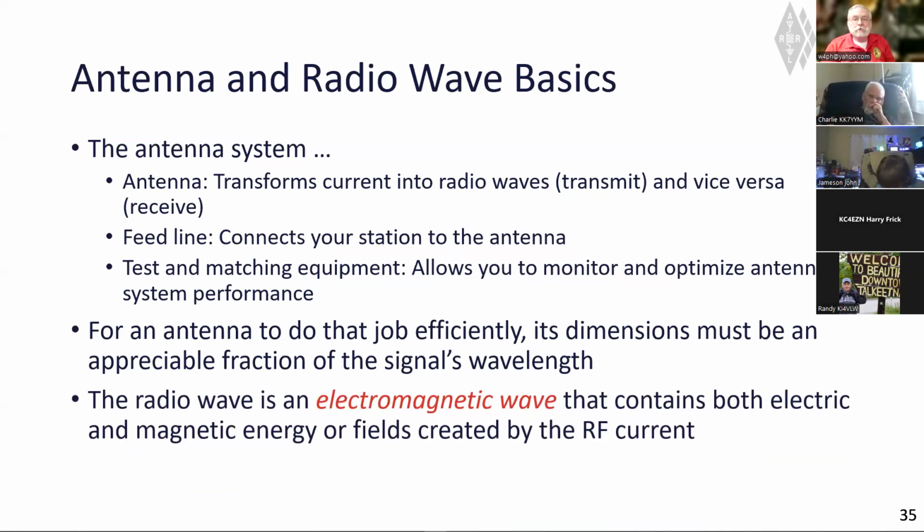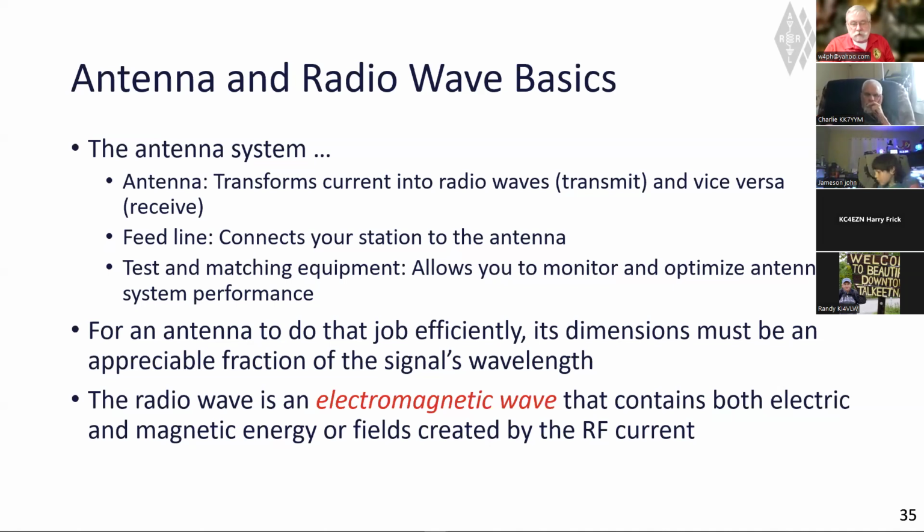The radio wave is an electromagnetic wave that contains both electric and magnetic energy or fields created by the RF current. The RF current in your antenna creates an electromagnetic wave. That wave builds and drops. As the wave diminishes, it generates the electric wave.